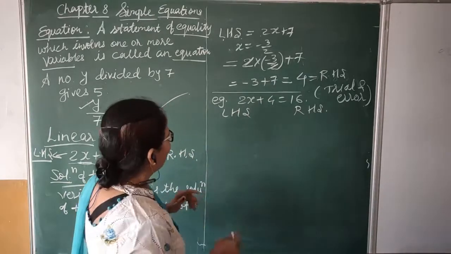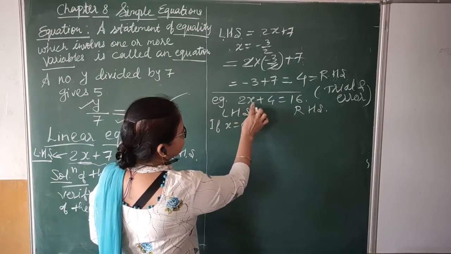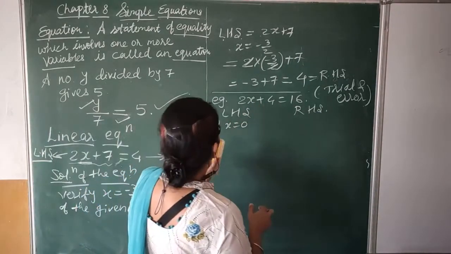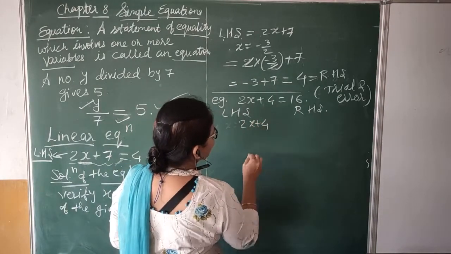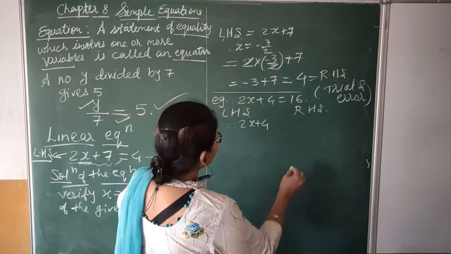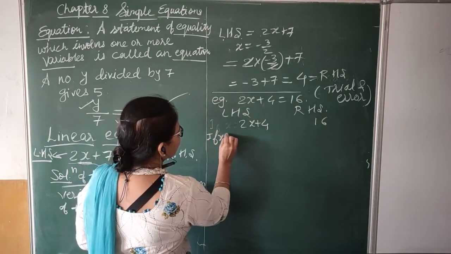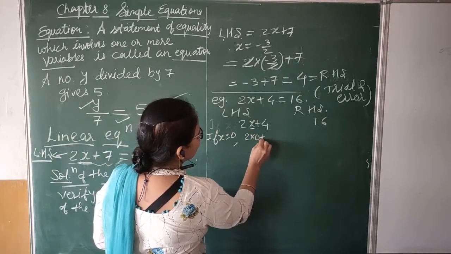Let's see how. Now suppose x equals 0. So when I am putting x equal to 0, let me write here your left hand side. Your left hand side is 2x plus 4 and your right hand side is 16. Now if I put 0 here, 2 into 0 plus 4.